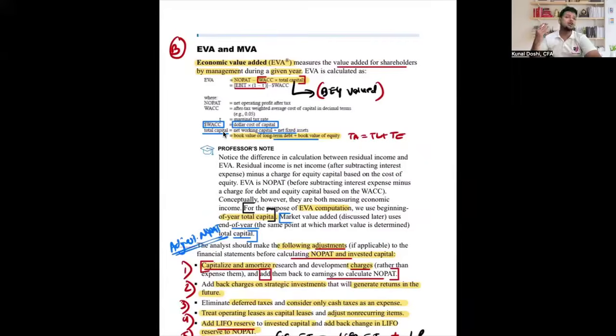They are not similar to your traditional accounting profits. Minor differences in all of them. We will consider all of them, and then the entire focus will be on residual income. So first of all, I will do EVA and MVA, and then the entire topic will focus on residual income only. So first, let us understand economic value added and market value added.